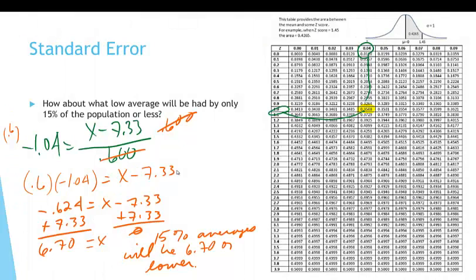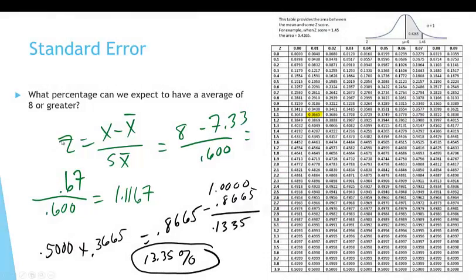How about what low average will be had by only 15% of the people? So we have our population, we drew our samples, we want to know what's the low number that 15% or less of the people will have. Well, that's simple math. We're just going to use our same formula: z equals x minus x bar over the standard error.